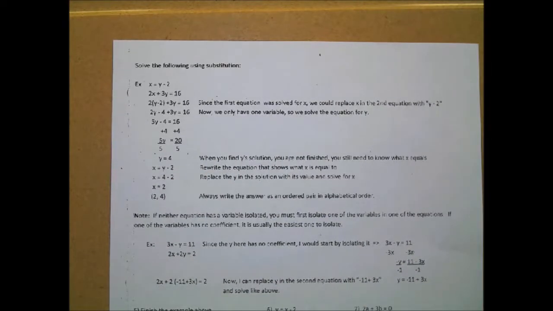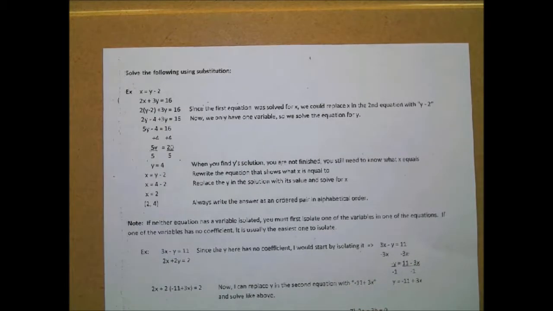Because with graphing, in order for us to find the solution, we kind of have to see where the two lines intersect. And what if they don't intersect at a nice grid point on our coordinate plane? Well, that's going to be a little bit harder to guess or to figure out what the answer is. With substitution, though, we'll be able to get any answers. But you can see there's quite a bit of work involved sometimes.